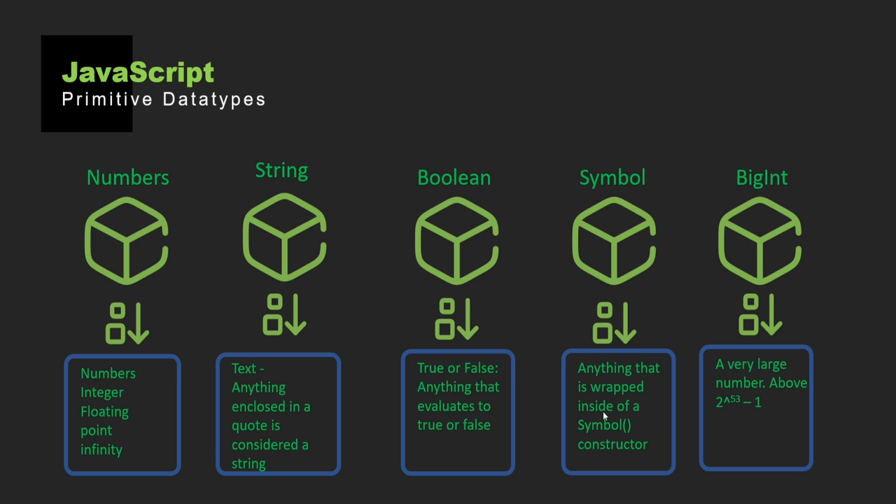For the symbol, I like to think of a symbol as a unique character, or anything that is wrapped inside of this specific Symbol constructor is called a symbol. And then for BigInt, I almost never come across a case where I have to check for a BigInt data type, but any very high number higher than this value is a BigInt. So that is a little about this description and visual representation of data types.